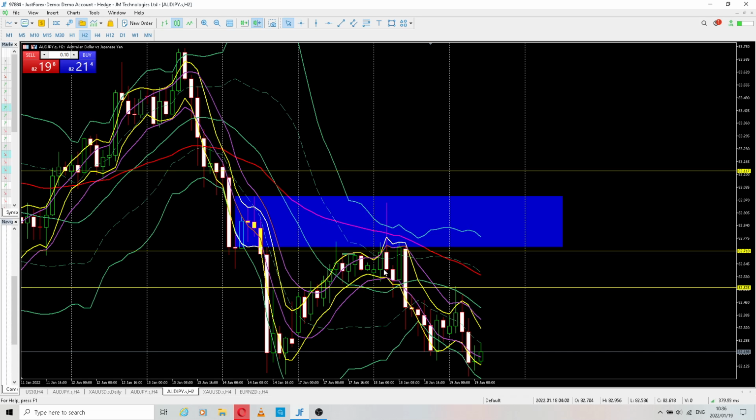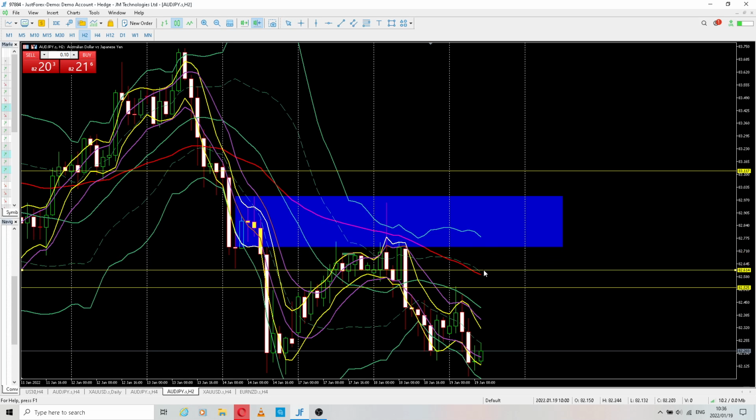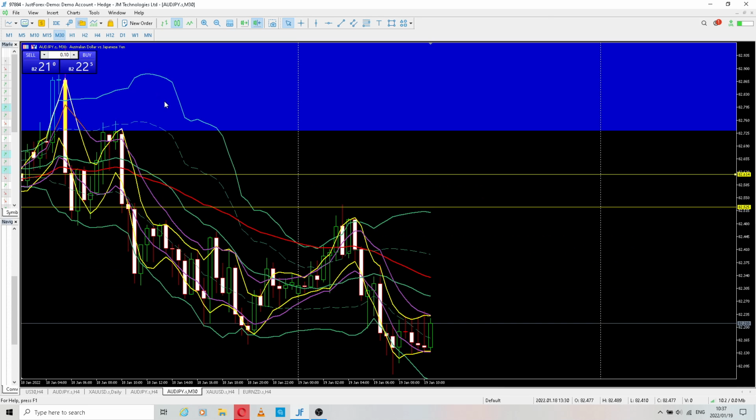You can also start putting your trades right there. Then if the market makes a re-entry, you can continue with your codes. So from this H2, we go to M30.